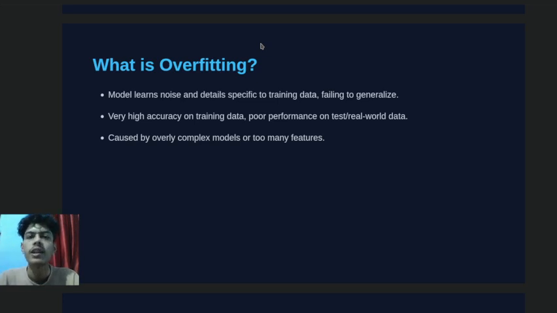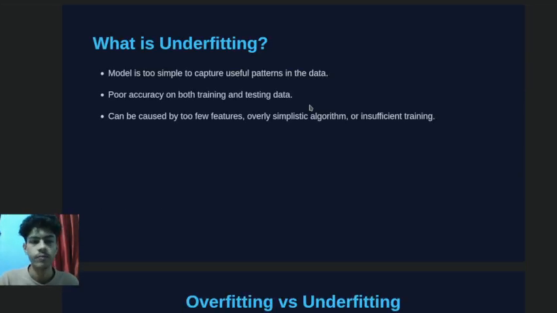Overfitting is basically when we give the raw data to the model, then it learns detailed and minute patterns in that data. That's why it is able to predict perfectly on the given data but not on new data, because it learns too much noise from the training data.